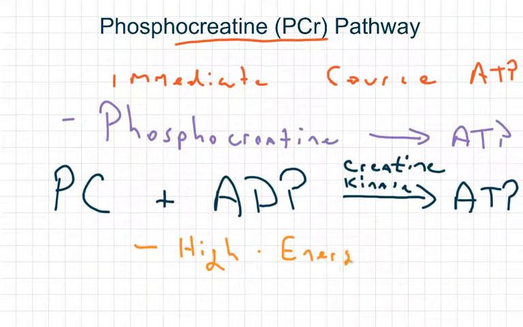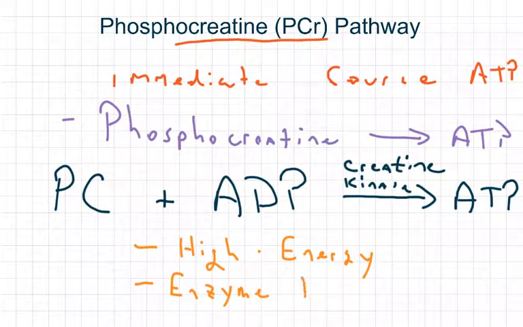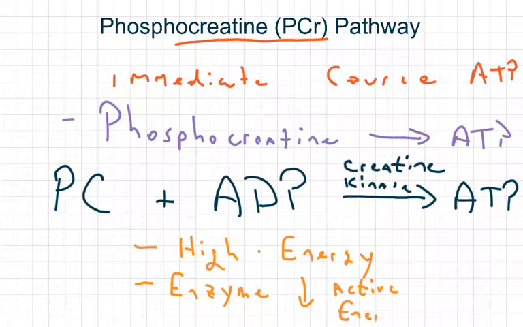And so, going back to what we discussed in the very first video, we stated that enzymes help lower the activation energy necessary for the reaction to occur. And we see that in this example with creatine kinase.